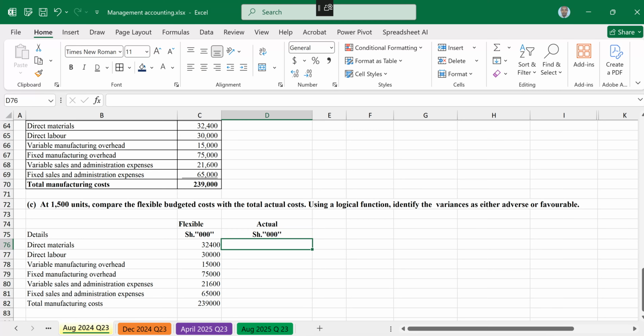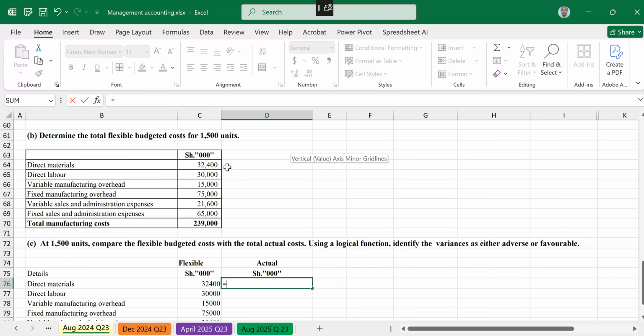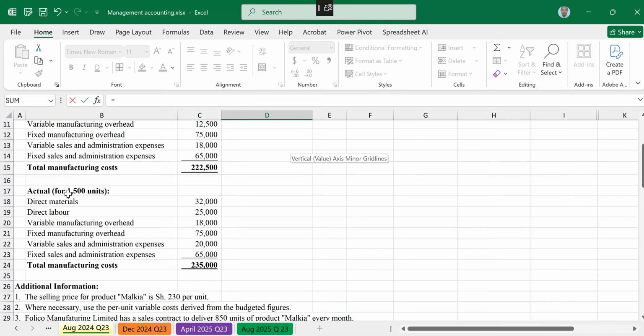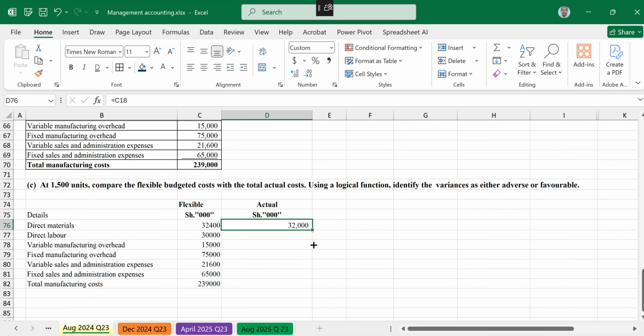Equal sign. Actual is up. Actual was given in the question. This is the actual for 1,500 units. Enter. Then drag that down for actual.